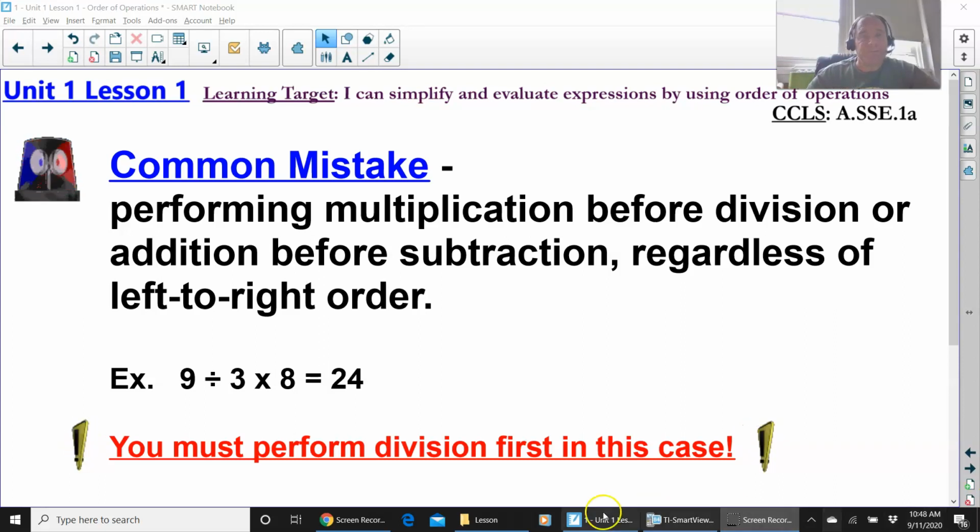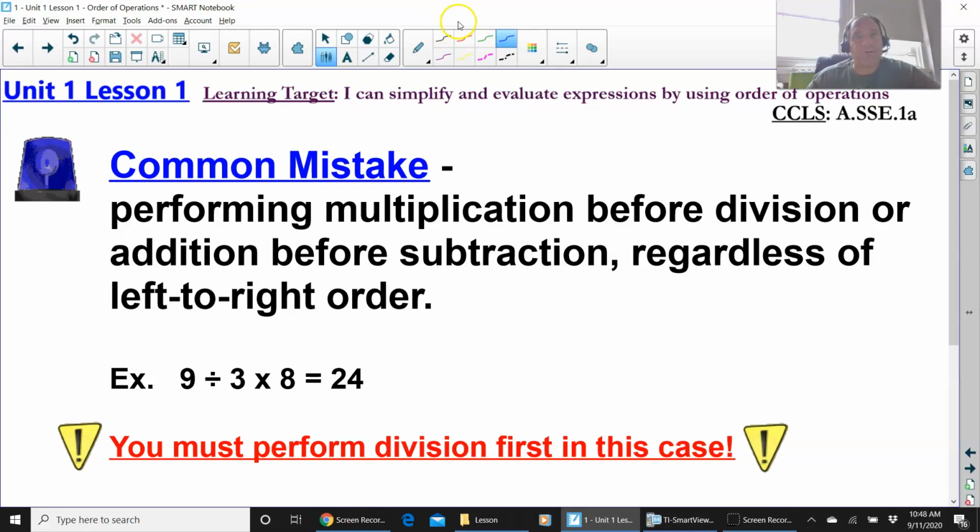In this example right here, you must perform the division first, because when division and multiplication are together, and when addition and subtraction are together, you always go from left to right. So we're talking about 9 divided by 3, and you get 3, and then 3 times 8, and that's where the 24 is coming from.